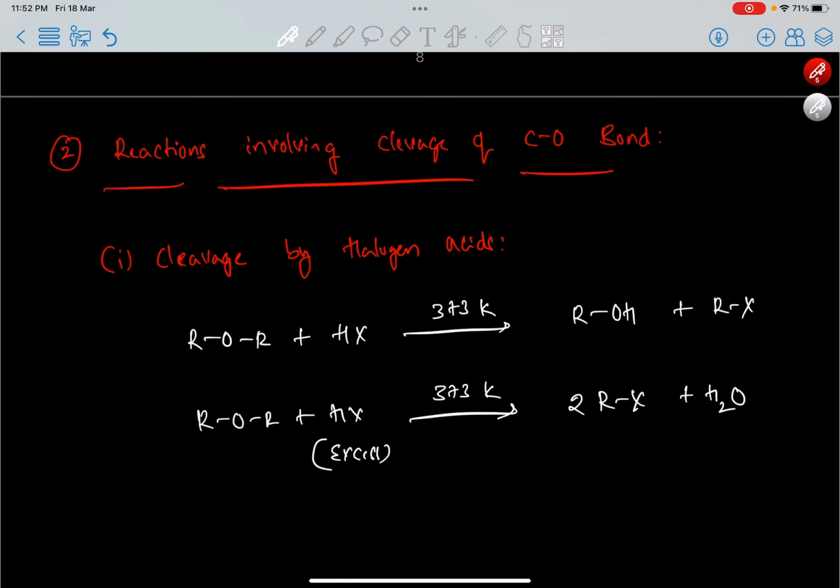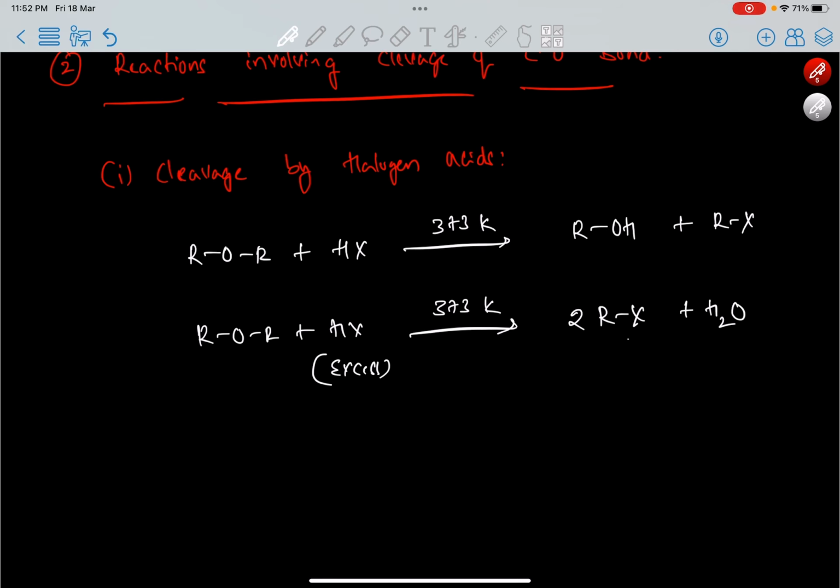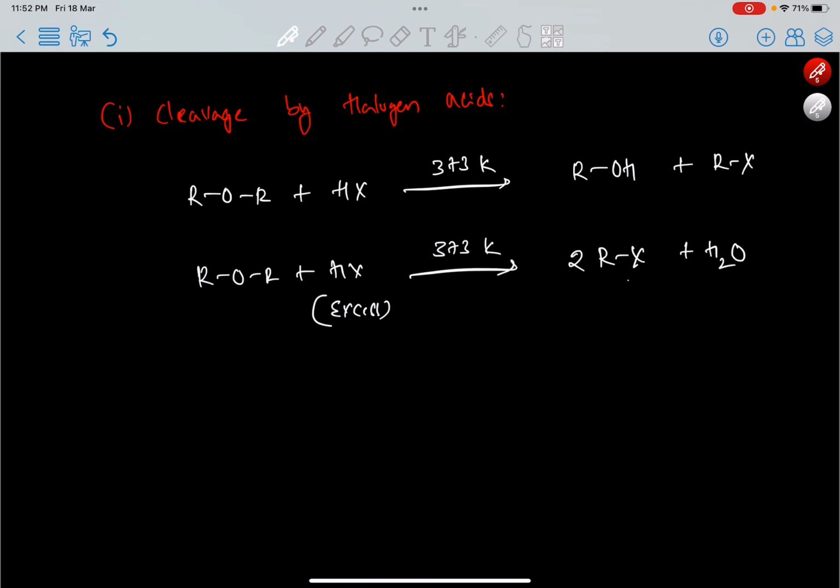Why is that? Because whatever alcohol forms in the first step still undergoes reaction with extra halogen acid and forms RX. That's why, to synthesize RX only, we need to have HX in excess.